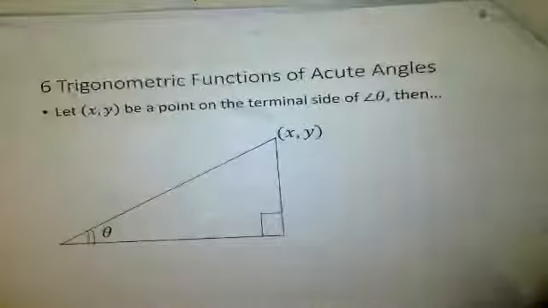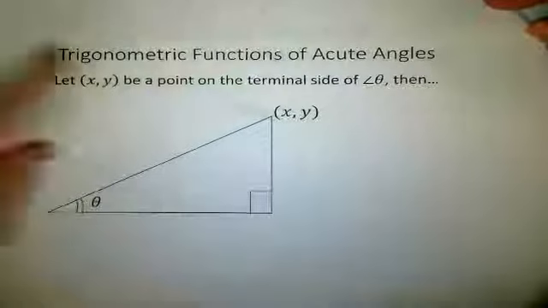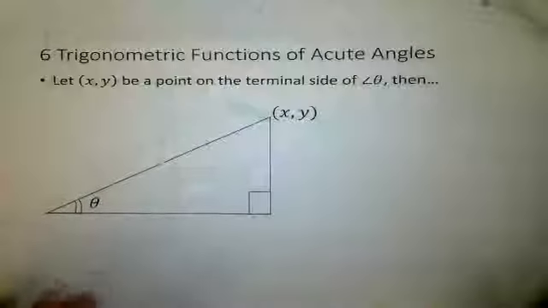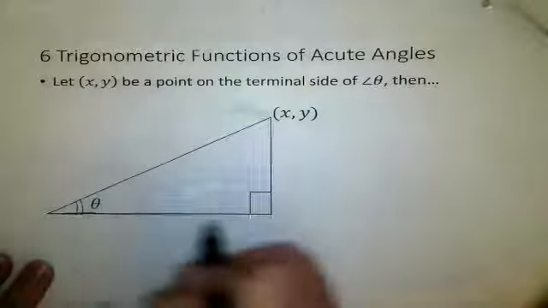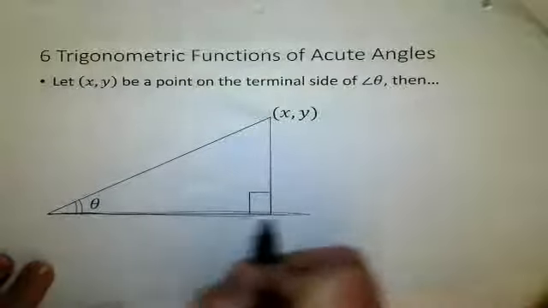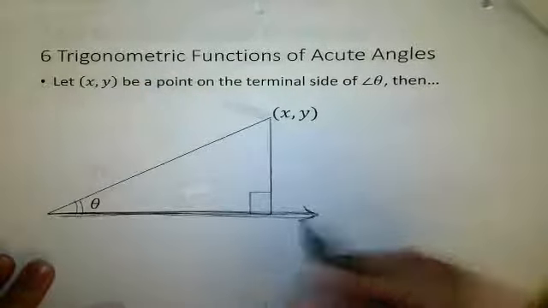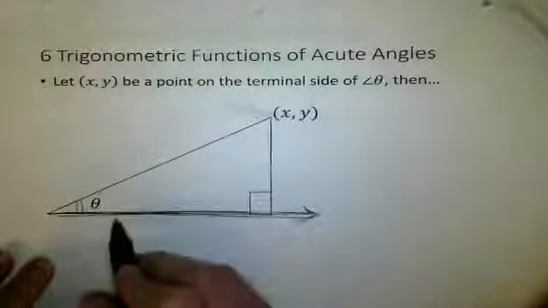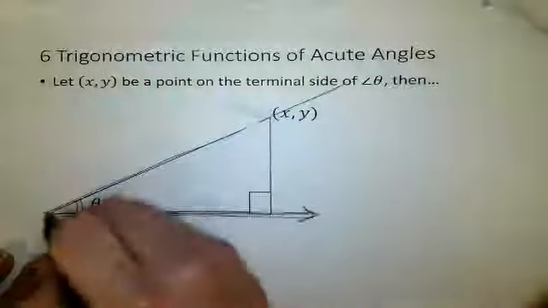So all the different combinations of sides all have the same ratios, and they noticed that, and so they gave them special names. What I have here is a triangle. It's actually an angle. You can imagine this is my initial side of my angle in standard position, and here is my terminal side.